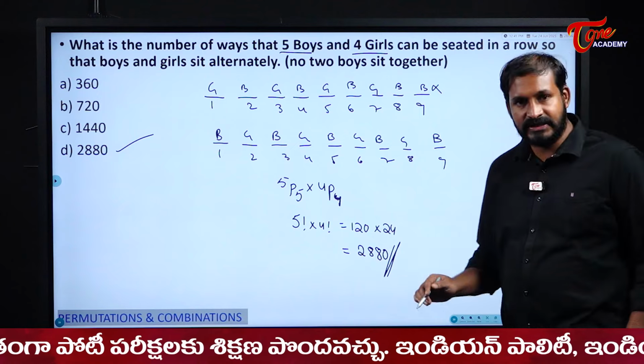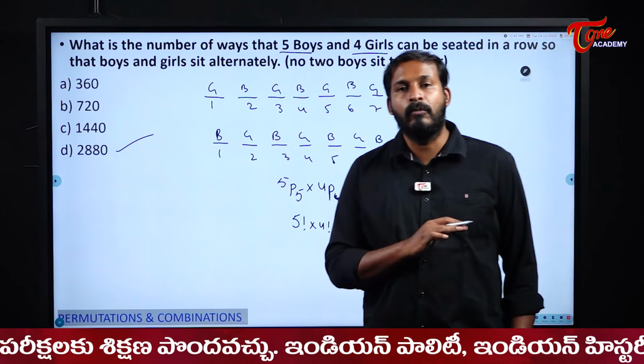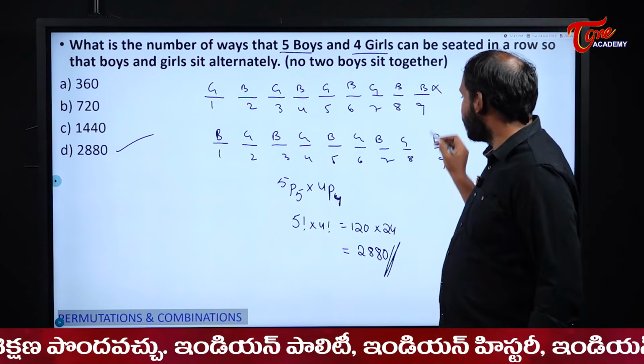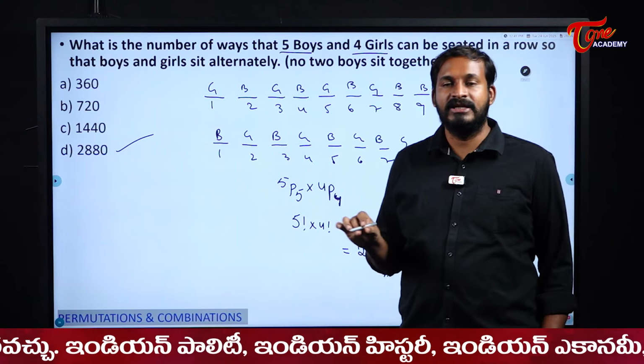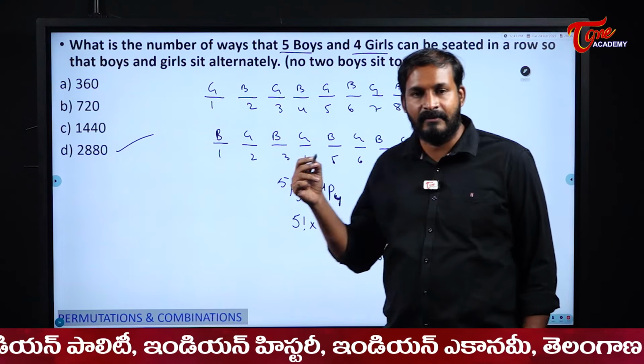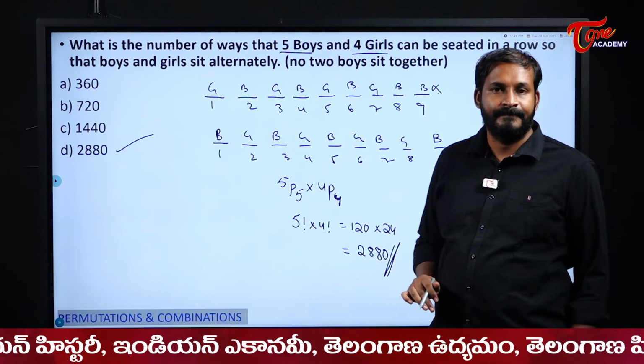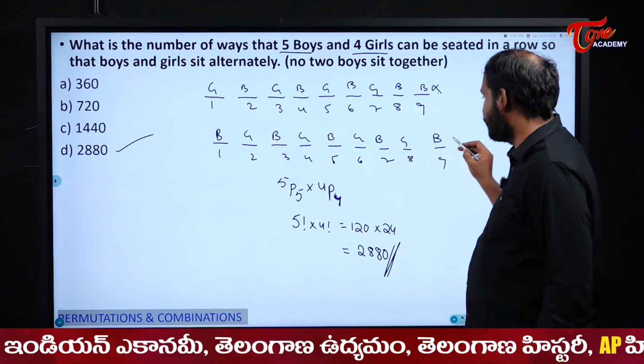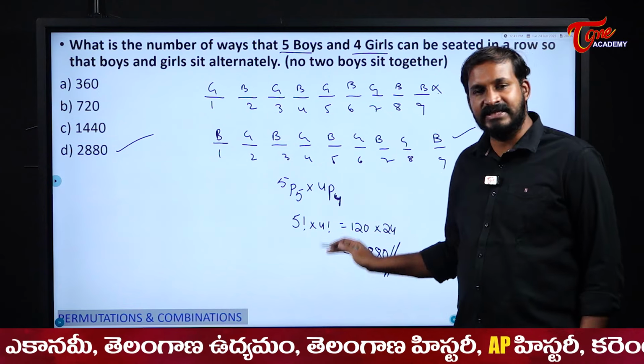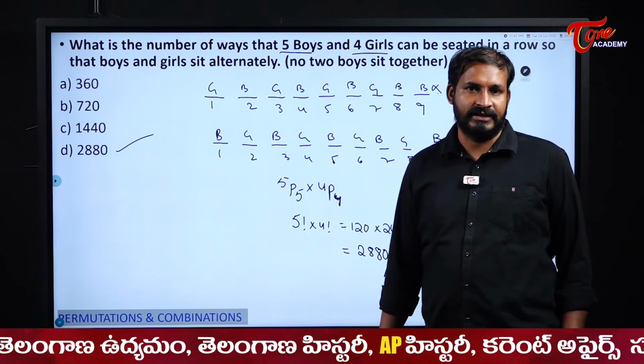In 2880 ways, we can arrange them such that no 2 boys sit together. Please try to understand this one, students. Why am I arranging only boys in odd positions and only girls in even positions? This is the reason. This understanding is very important. If you understand this, the rest is just a calculation part, nothing more than that.